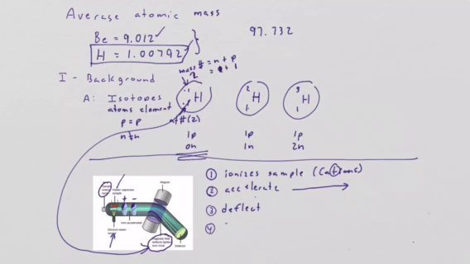And the 4th step is to detect. Now the detection, based upon the bending and a lot of math, they can basically figure out by the bending what the mass of the particle actually was, and the detector will also be able to indicate how much of that particle was present. So we're going to detect both the mass by the degree of bending, and the second thing that you can tell is how much of each thing there is.